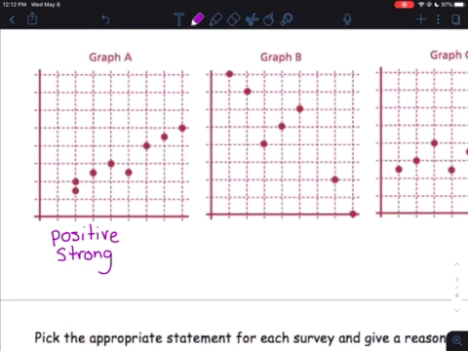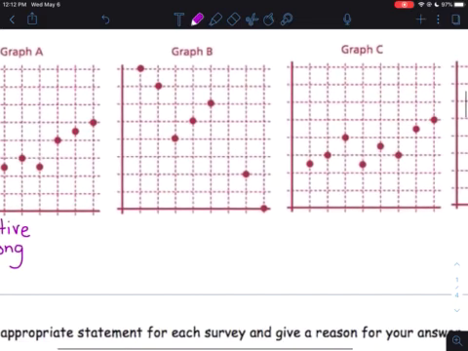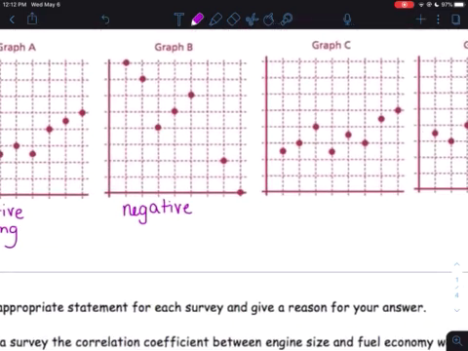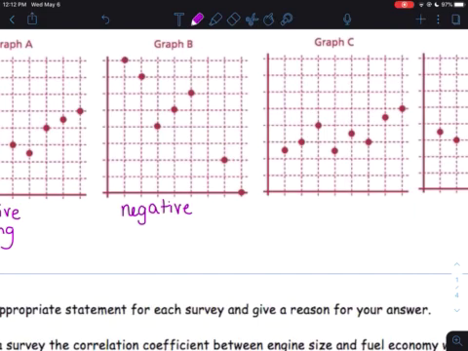As you're going to the right, the data points are going up. It's not a perfect line, but it looks pretty close. This one is definitely going to be negative. It's usually easiest to see the direction. As we're moving to the right, these are going down. It looks pretty strong, negative, right? There's just these 2 points out there, but that looks pretty strong.